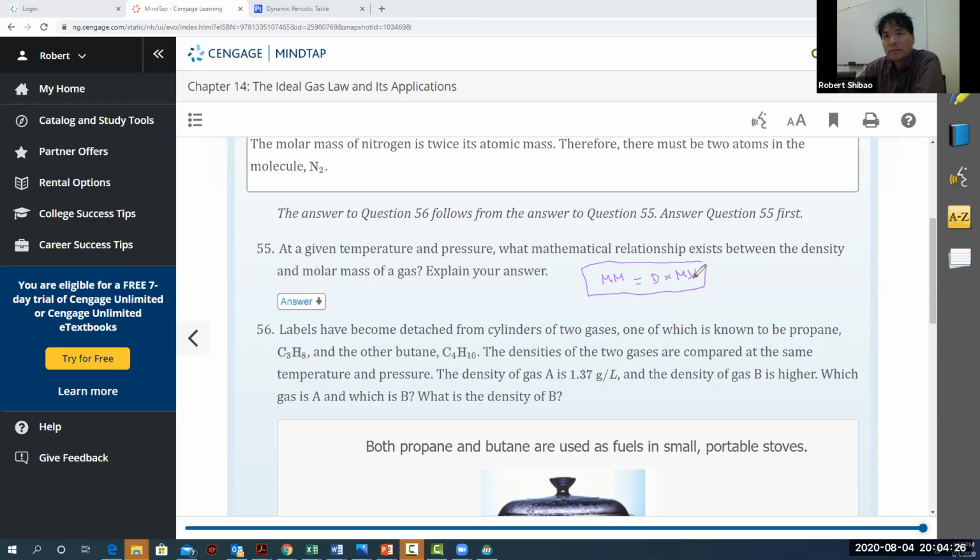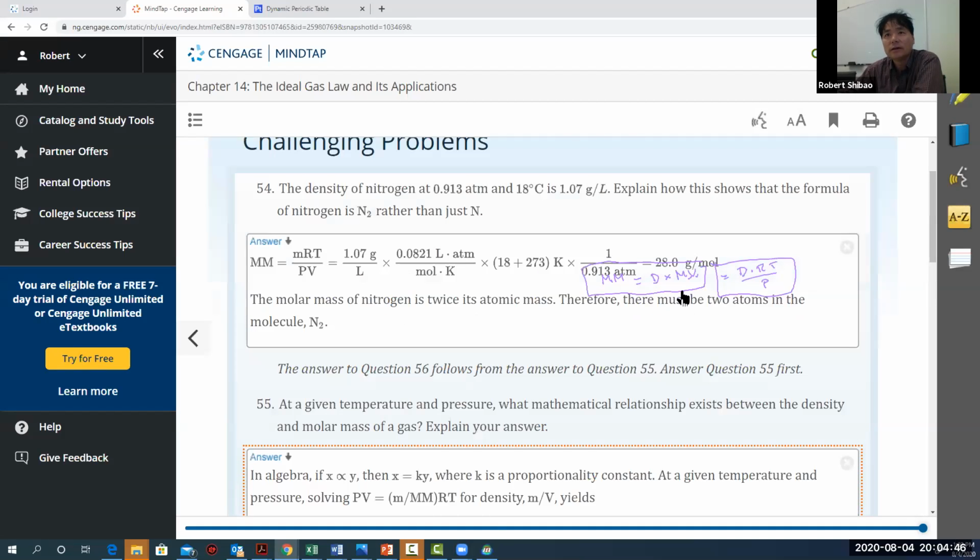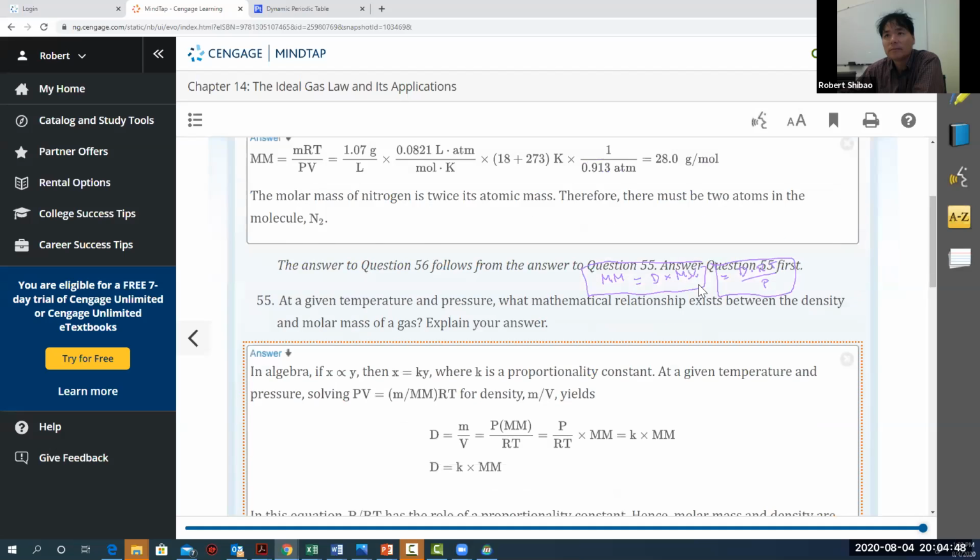But the molar volume is RT over P, and so it's density times RT over P, which is another equation we could do. And so the density is the molar mass, 1 over the molar volume, sorry. I did 1 over molar volume.